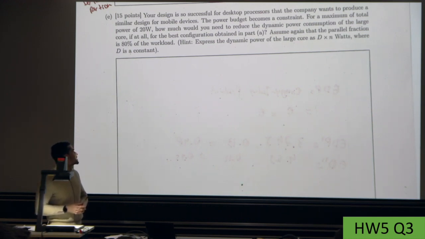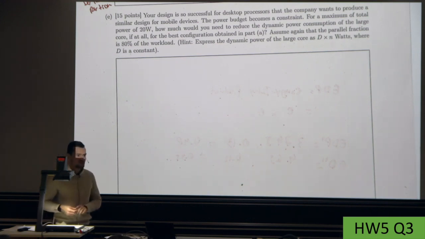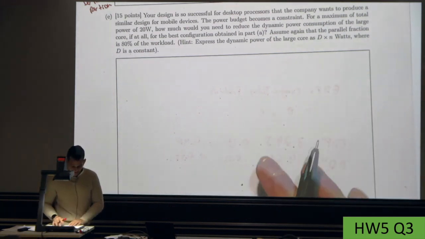They are asking you how much you need to reduce the dynamic power consumption of the larger core, if at all, for the best configuration obtained in part A. Assume the parallel function is the same as before, 80% of the workload, and for the dynamic power, they give you a hint: the dynamic power of the larger core is D in watts, where D is a constant. So before it was 6n, now it's D. You want to figure out D.